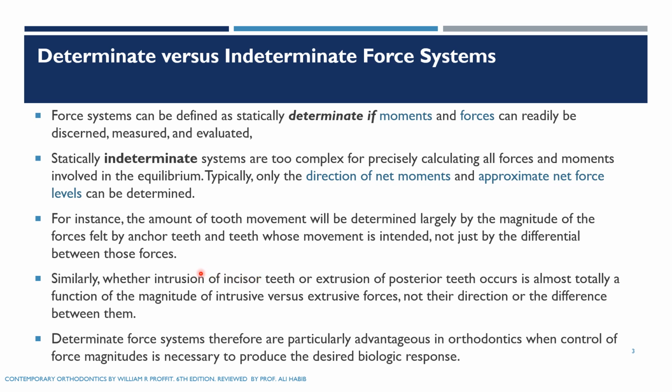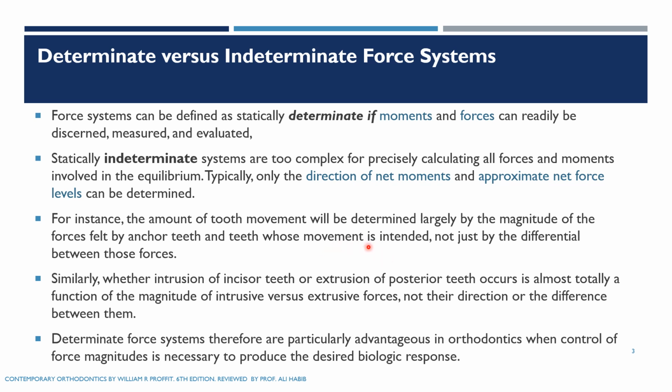Just to make it easy, when we plan intrusion of anterior teeth and extrusion of posterior teeth, the results depend mainly on how much force is applied in the system, because for every action there is an equal and opposite reaction.